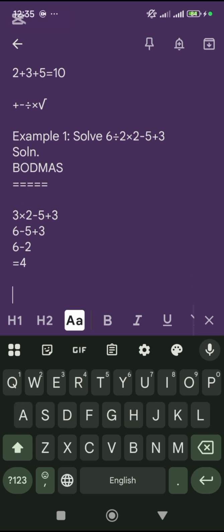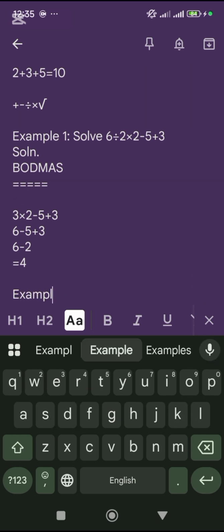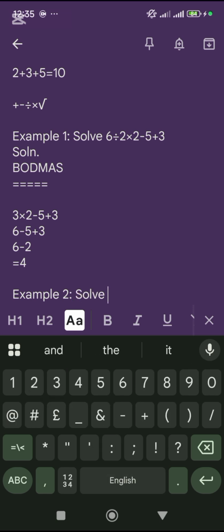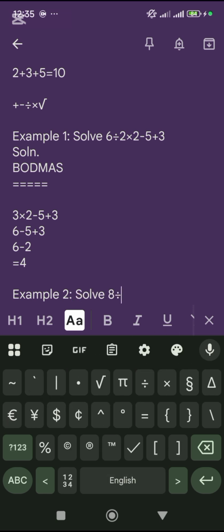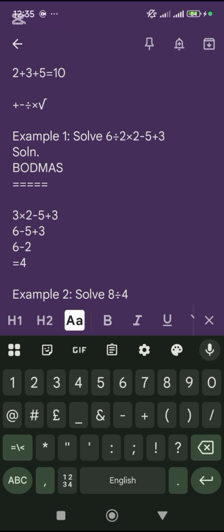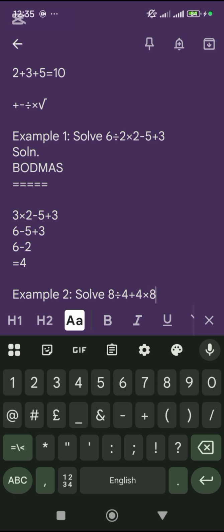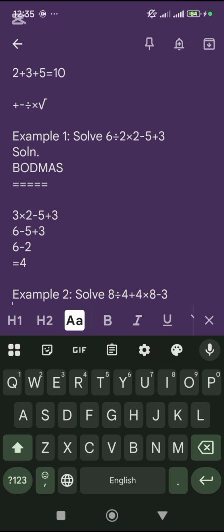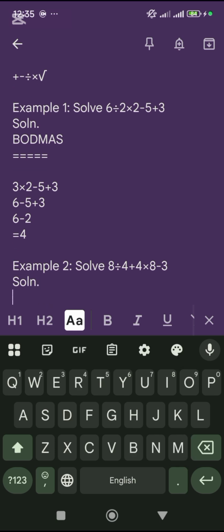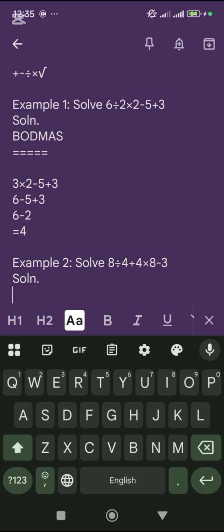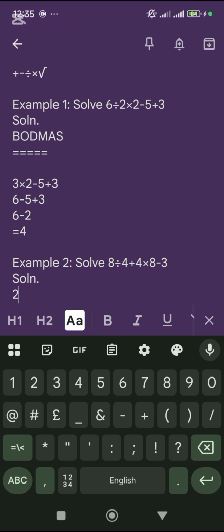Let's solve another example. Example 2. Solve 8 divided by 4 plus 4 times 8 minus 3. Solution. Look at this. You have division there, so that's where you start from. 8 divided by 4 is 2.